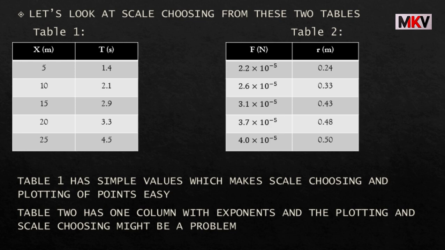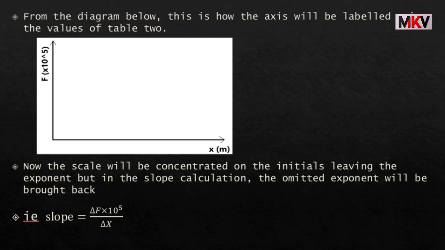So what we will do to make the plotting easy is omit those exponentials and add them to the unit of the axis. So we add the times 10 to the power 5 or minus 5 to the unit of the axis.